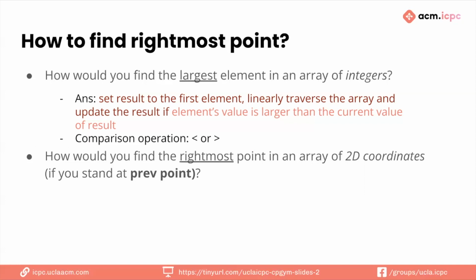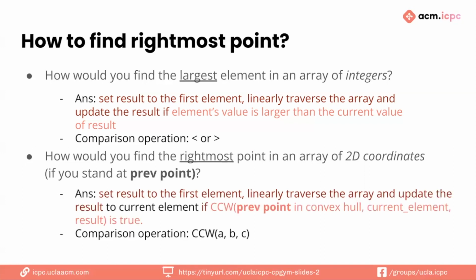So essentially, you do the same thing. You set the result to the first point, whatever the ordering might be, it doesn't matter. Then you linearly traverse the array and update the result to the current point we're considering, if the points previous point, current point, and the result are ordered counterclockwise.